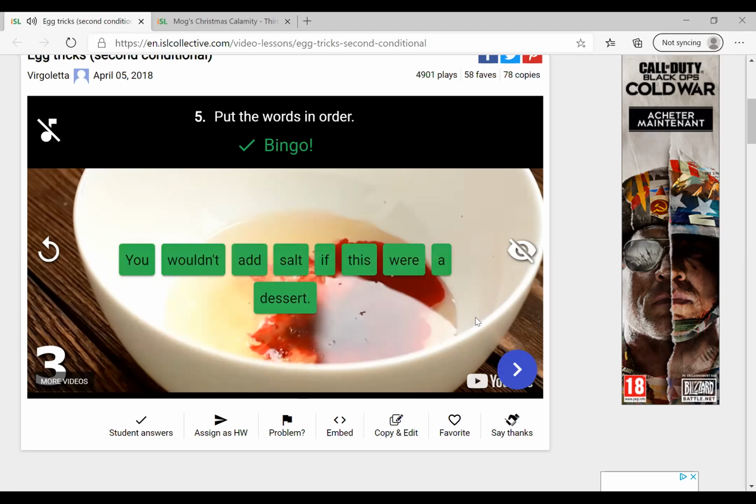Bravo! So imagine, of course you wouldn't add salt if this were a dessert, right? So it's an imaginary situation, conditional two: main clause would, if clause past simple, were. Bravo, Nathalie, bravo. Next.